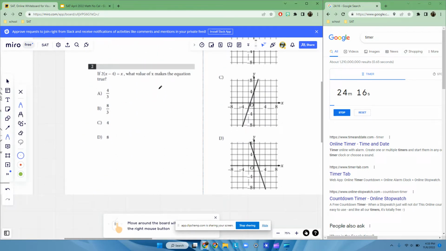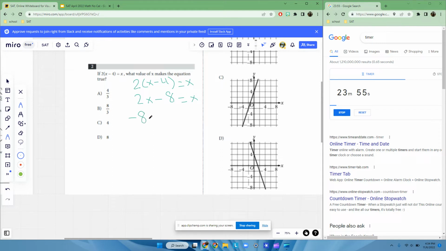Next question. If 2 in parentheses x minus 4 is equal to x, what value of x makes the equation true? So we have this equation, and we're just basically finding the value of x. We're just going to use distributive property, and we should simplify to this.